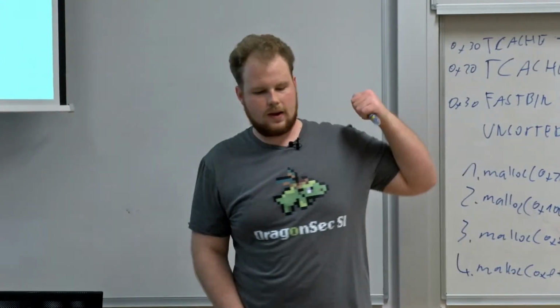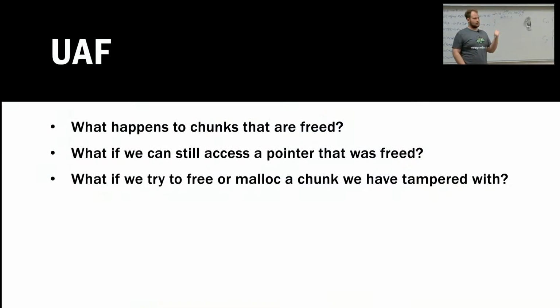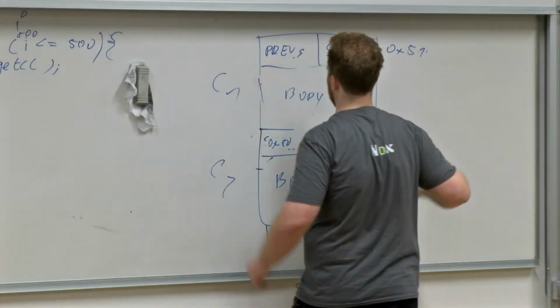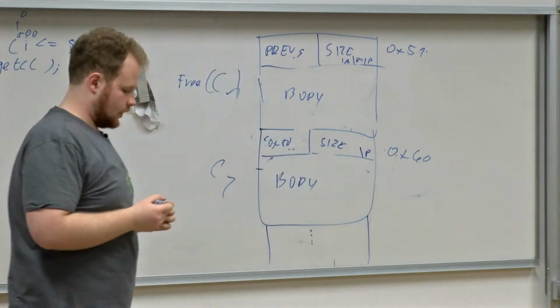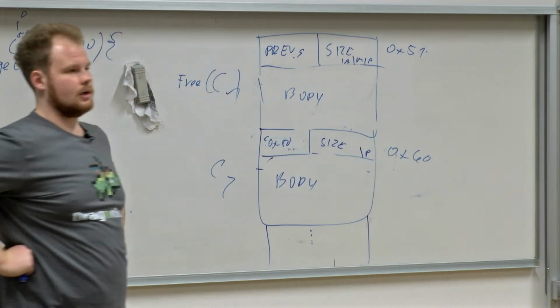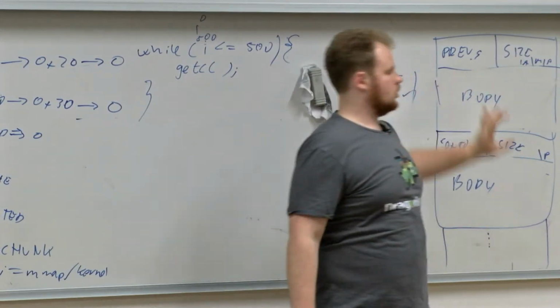As the name suggests, the use after free is a vulnerability where we are able to write or read from a chunk that was already freed. Let's say in this scenario that we free C1, and the logic of the application allows us to reuse this pointer that we freed to be able to write.